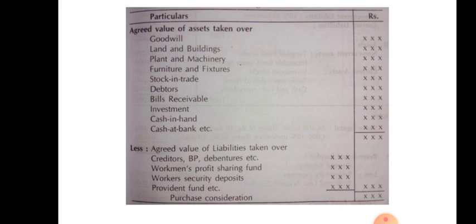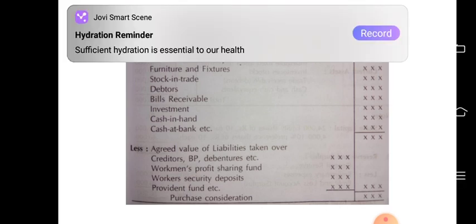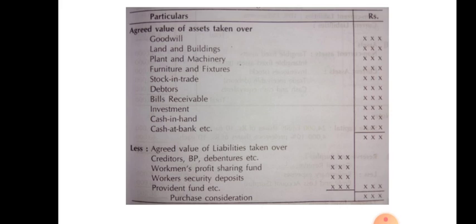We take all assets: goodwill, land and building, plant and machinery, furniture, stock in trade, debtors, bills receivable, investments, cash in hand, cash at bank, etc. We make the total. From this total you have to deduct the agreed values of liabilities taken over: creditors, bills payable, debentures, workmen's profit sharing fund, workers' security deposits, provident fund, etc. Deducting all these liabilities from the assets gives you the purchase consideration.